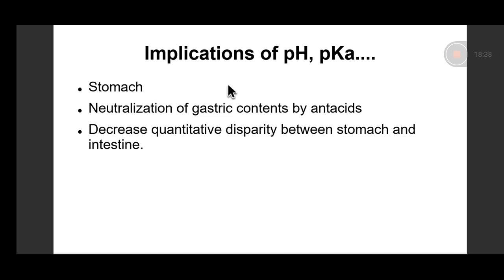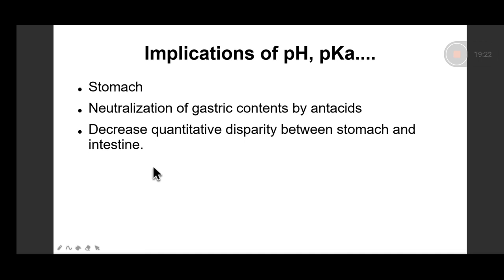Now, the differences arising because of pH differences in the lumen and in the plasma are much greater in the stomach than in the intestine, and these differences, which result in disproportionate ionization in the stomach, can be neutralized by intake of certain drugs, like antacids. Antacids neutralize the acid and quantitatively decrease the pH difference between the lumen and the plasma, and hence decrease the quantitative disparity between the stomach and intestine.